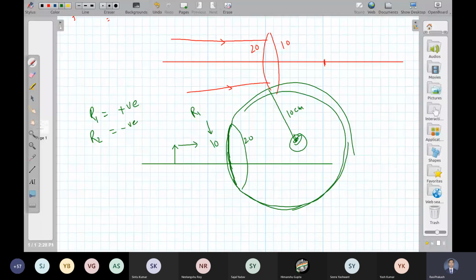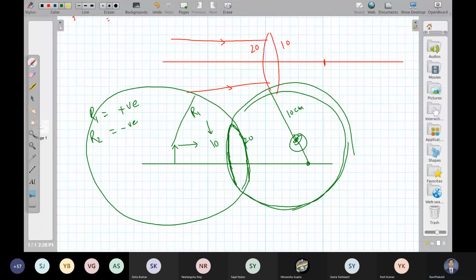The center of this sphere is on the right side of the lens. Therefore, this number is positive. What about this surface? This surface is obtained from this sphere. Where is the center of this sphere? On the left of the lens. Therefore, it is negative.